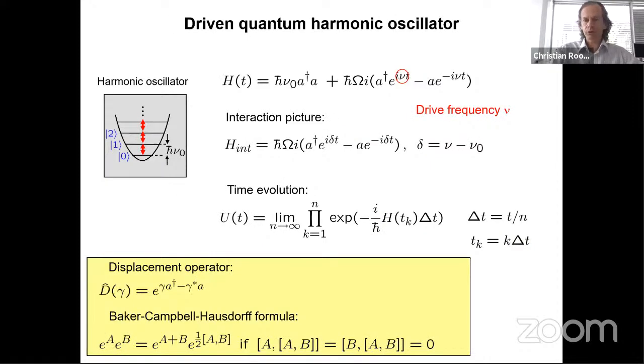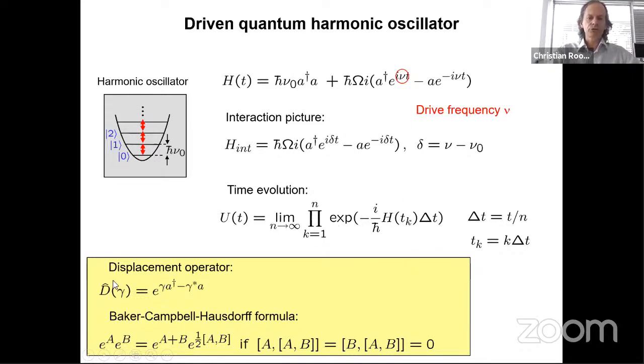For this driven quantum harmonic oscillator, it is very straightforward to calculate the time evolution by describing it in the interaction picture, which I just introduced to you. If I want to calculate the propagator, I have to slice up my time evolution into small pieces delta t, and then I can make use of the commutation relation between the annihilation and creation operators, which is at the basis of the rules for these displacement operators in phase space, described by such an exponential term.